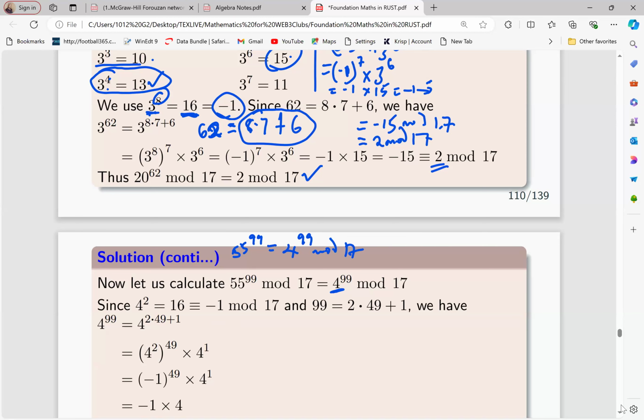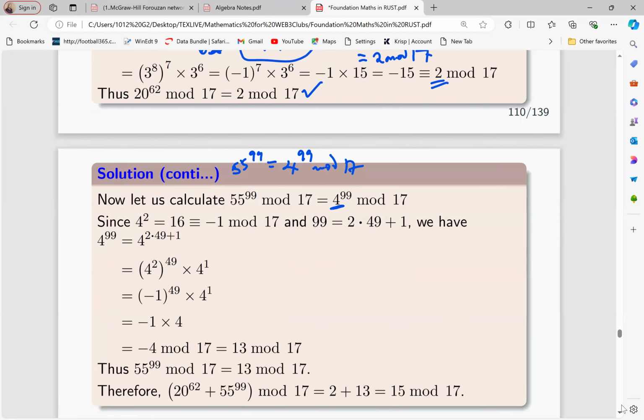And again, you would use the fast powering algorithm. In fact, when you just do 4 squared you get 16. 16 mod 17 is the same as -1, so you don't even need to proceed.